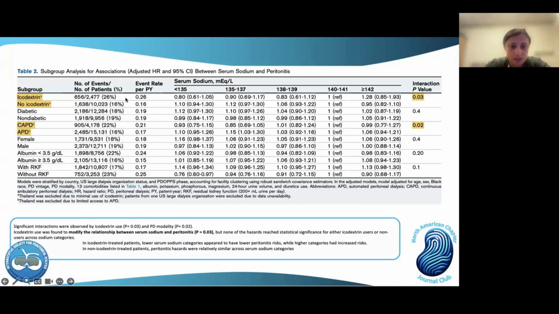In icodextrin treated patients, lower serum sodium categories appear to have lower peritonitis risk, and higher serum sodium categories seem to have higher peritonitis risk. But again, it didn't reach statistical significance.